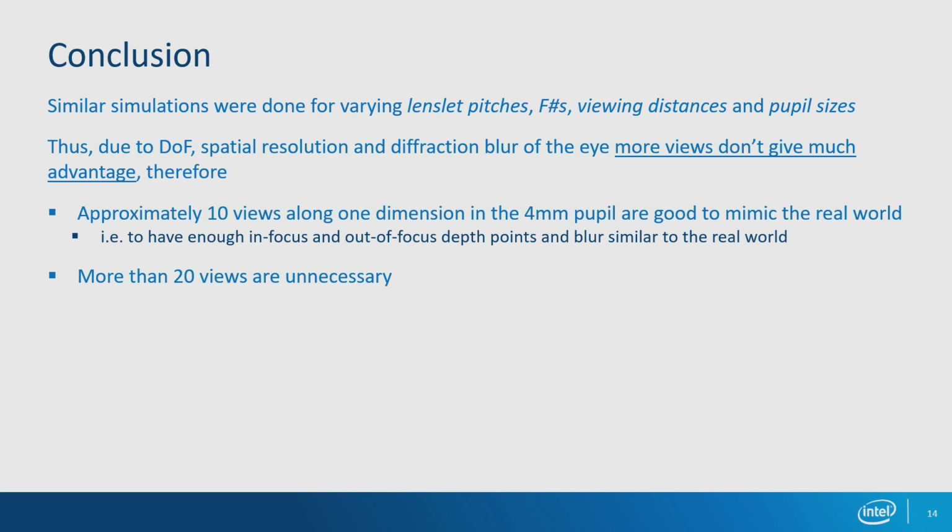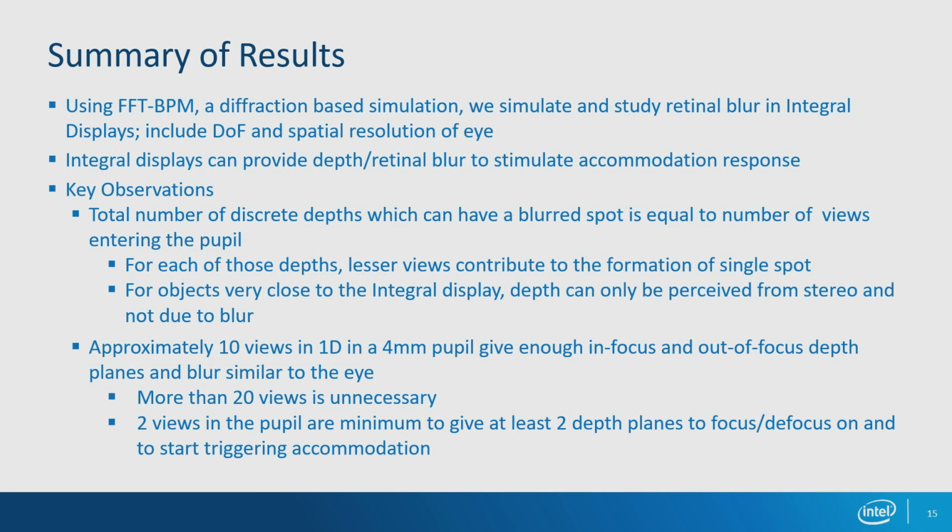For an integral display, I varied lens pitches from 0.2 millimeter to 1 millimeter, varied f numbers from very short to very long, and varied viewing distances and pupil sizes. What I found is that in all these cases, heuristically, approximately 10 views for a 4 millimeter pupil size seem to be a good number which can start mimicking the real world, which will have enough in-focus and out-of-focus depth points. More than 20 views is definitely not necessary.